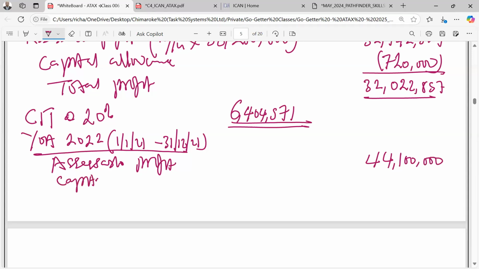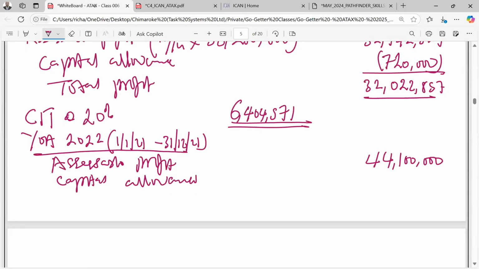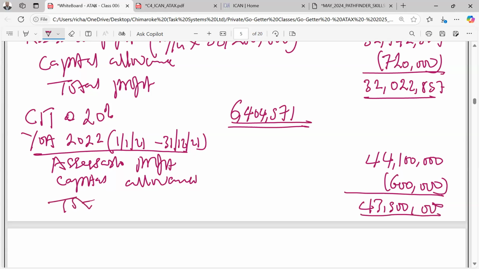Minus capital allowance. How much is that? 600, that's for 3,500,000. So this is your total profits.